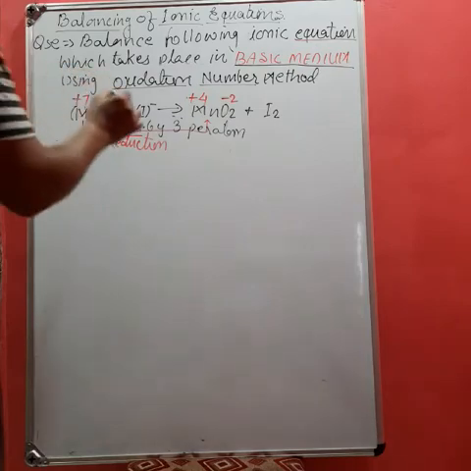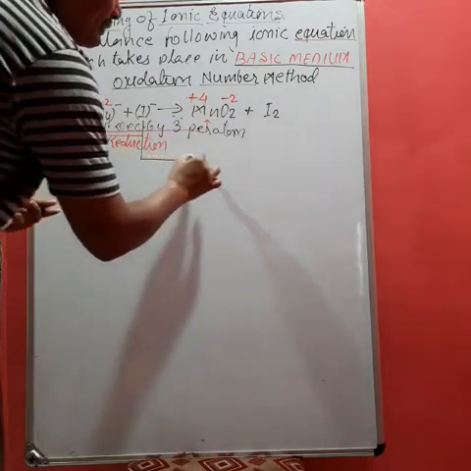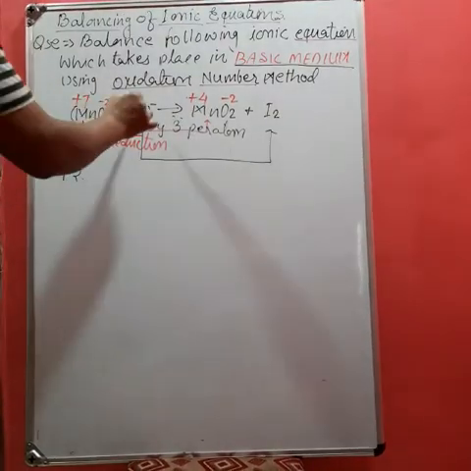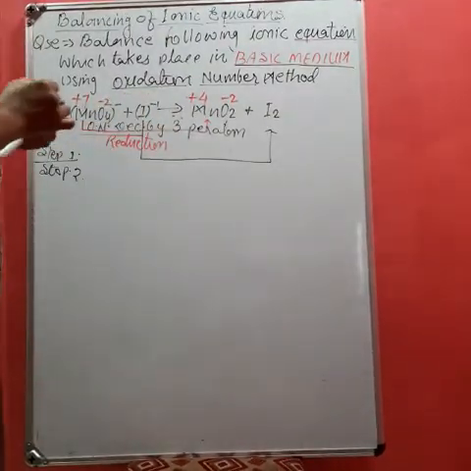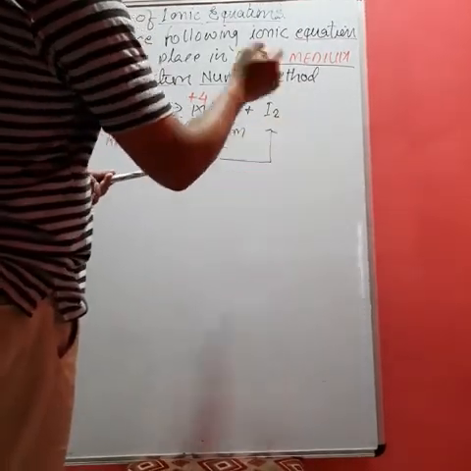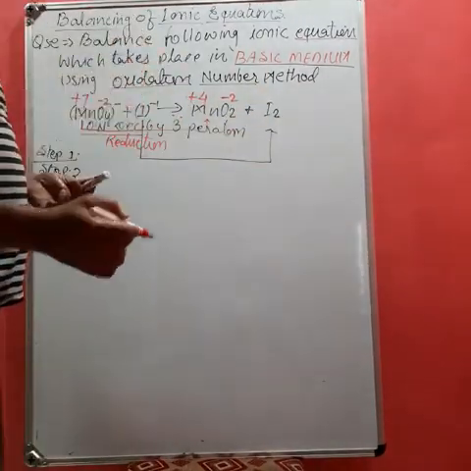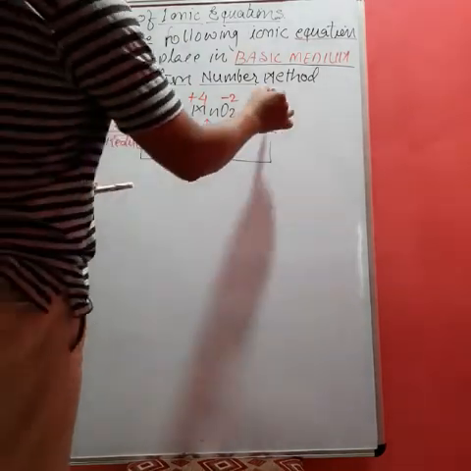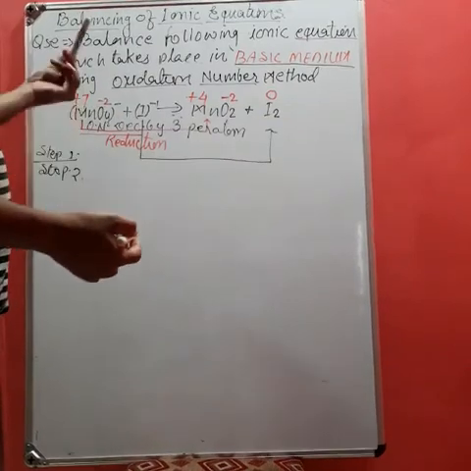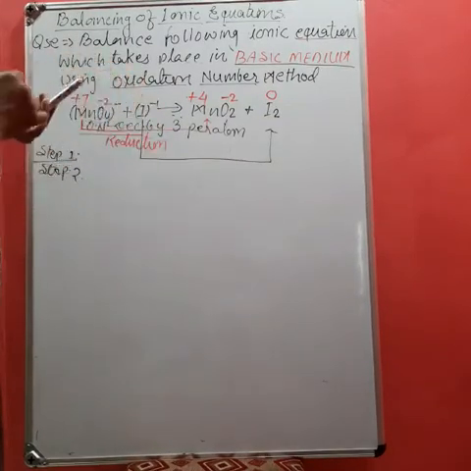Second one, the anion: compare it with iodine on the product side. Student, the anion has -1 charge, and I2 is the molecular form, so you know that in molecular form the oxidation number is always 0. I have given it in the rules in the previous class.